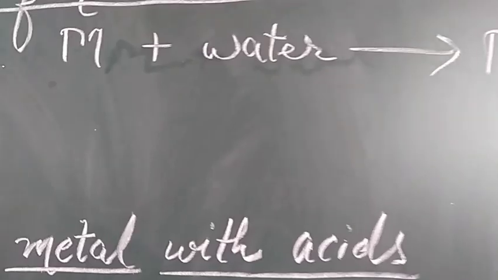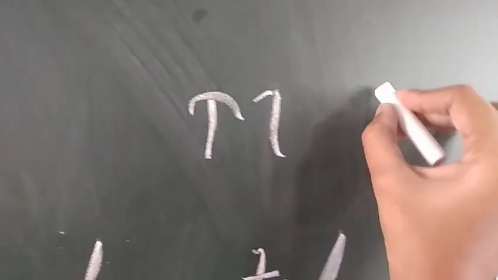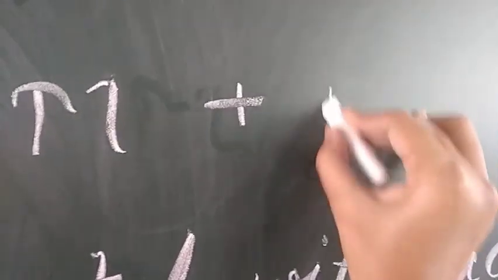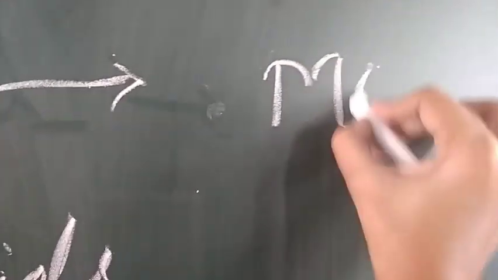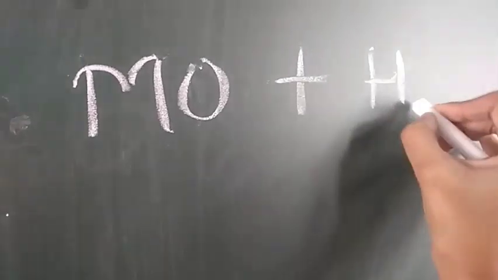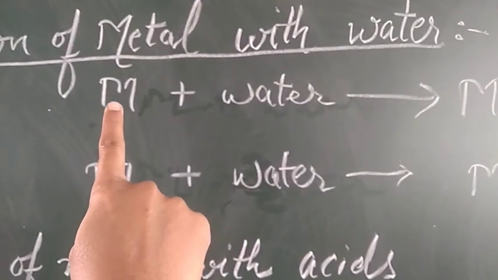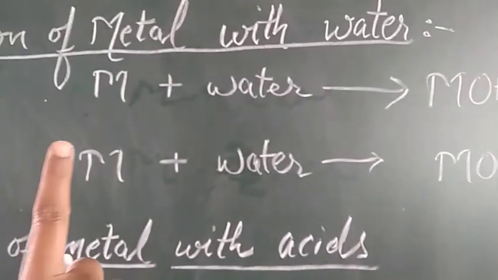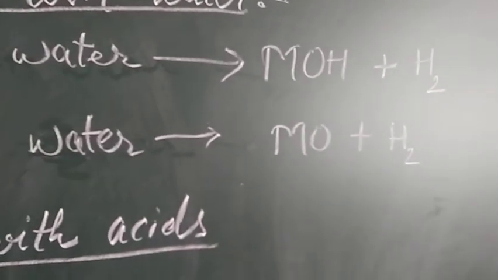But in some cases, when metal reacts with water, it forms metal oxide and hydrogen gas. In some cases metal reacts with water to form metal hydroxide and hydrogen gas, and in some cases metal forms metal oxide and hydrogen gas.